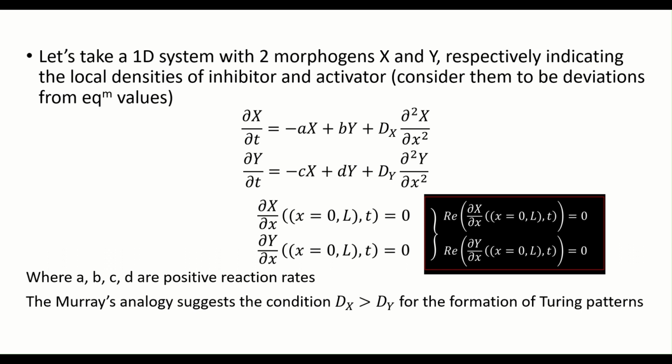Then the boundary conditions boil down to the change in each morphogen at the boundary points being equal to 0. I've taken the line to be of length L, as you can see in the boundary condition. You might also see a condition written in the black box.